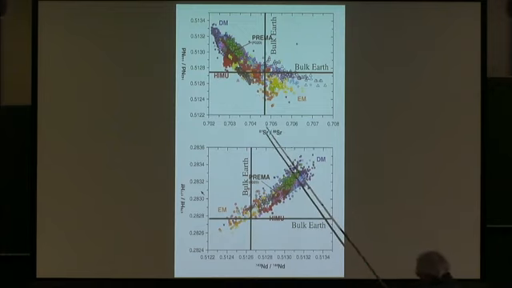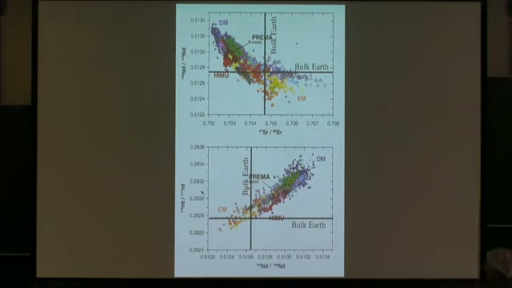And what struck me a long time ago, and this originally started with some work that Paul Gast did, is that this is extremely difficult to understand: how this set of isotopic ratios, which are measured in ocean islands, comes about.